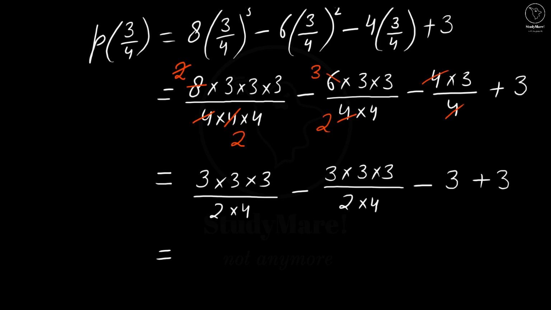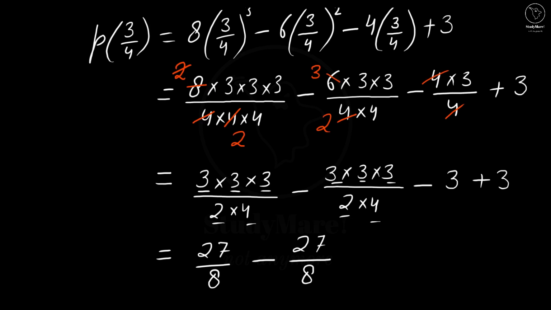Taking it further, we have 3 3s 9 into 3 is 27. So we get 27 divided by 2 into 4, that is 8. Minus 3 3s are 9 into 3 is 27 divided by 2 4s are 8.